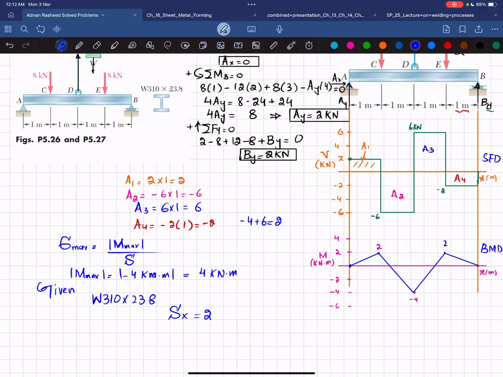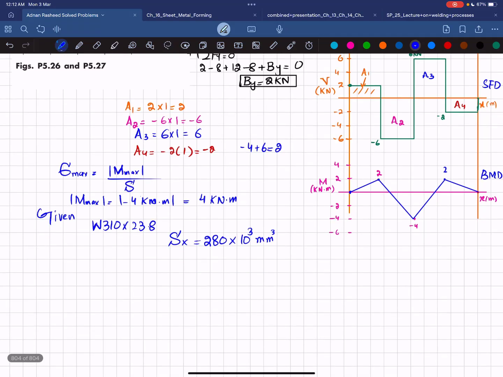If you convert it into meter, SX will be equal to 280 into 10 to the power 3 multiplied by 10 to the power minus 3, cubed, and this will be cubic meter. So that will give you 280 into 10 to the power 3 into 10 to the power minus 9 cubic meter, and at the end, it will be 280 into 10 to the power minus 6 cubic meter.